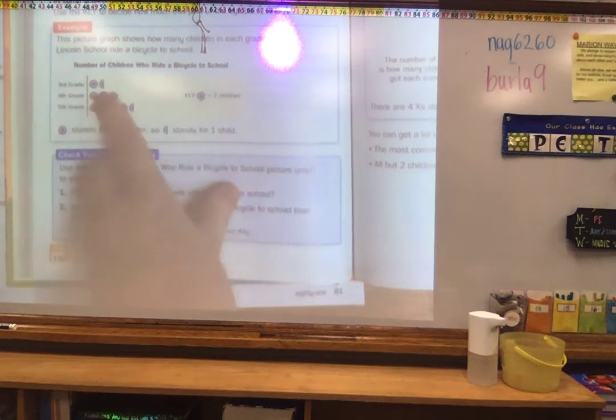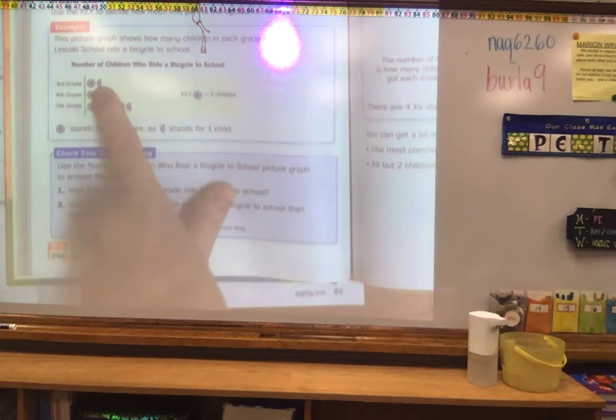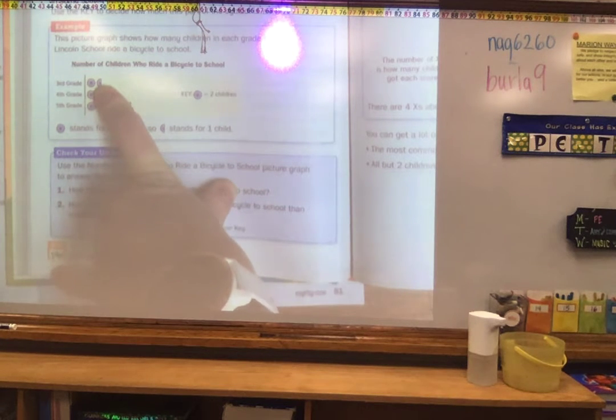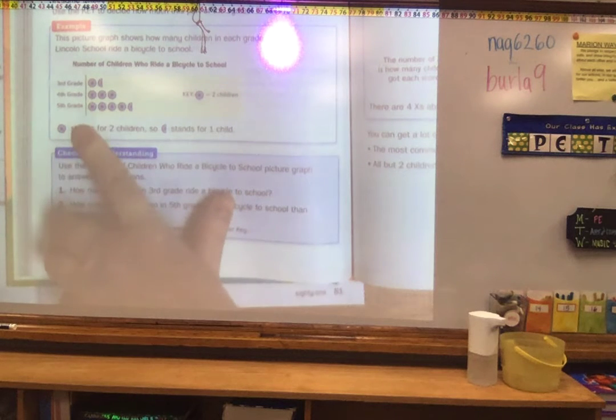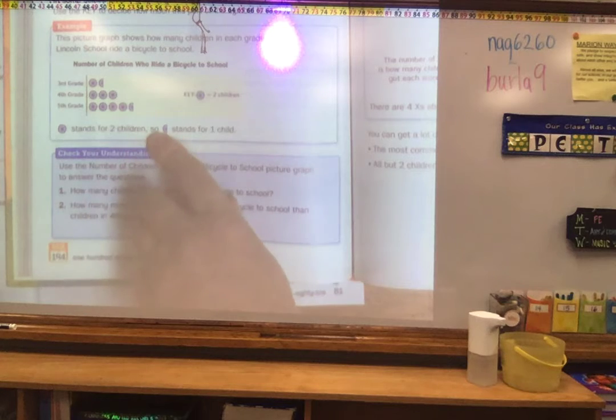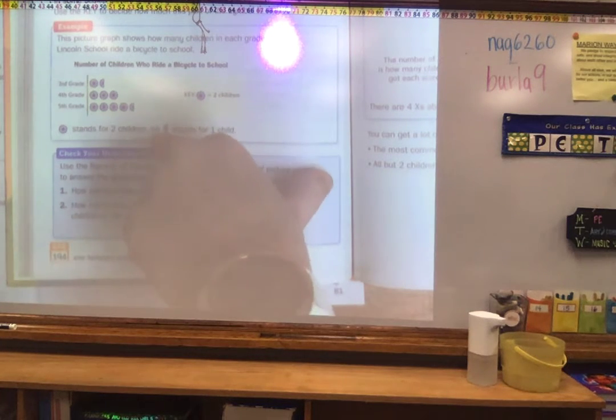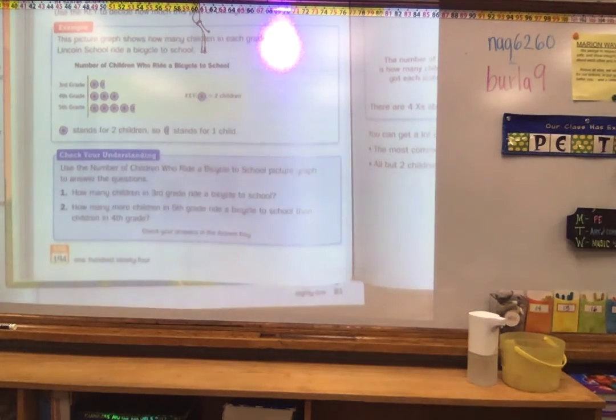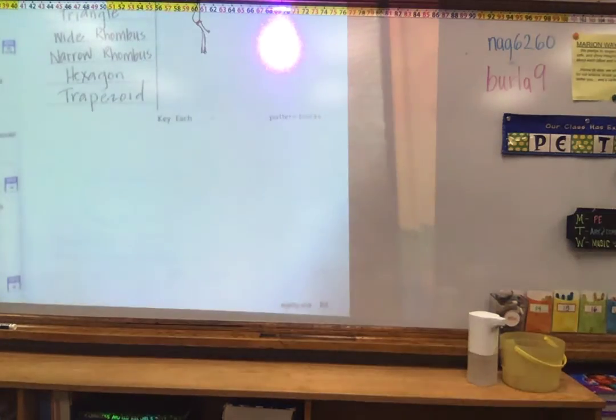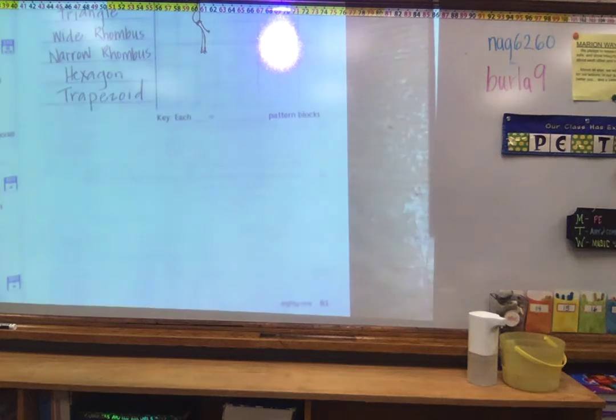So what in the world does this half one mean? 1 child. Right. If a full wheel stands for 2 children, then half of one is going to stand for 1 child. That's why it is so important to look at our keys. Okay, I'm going to put this back up here now.